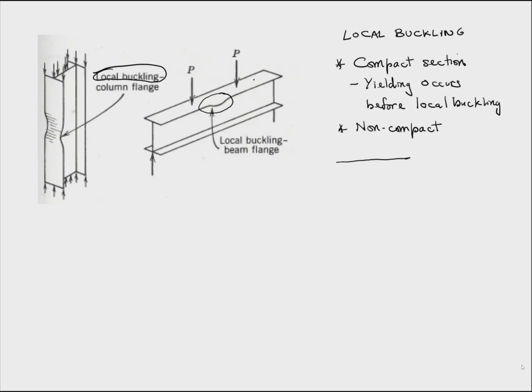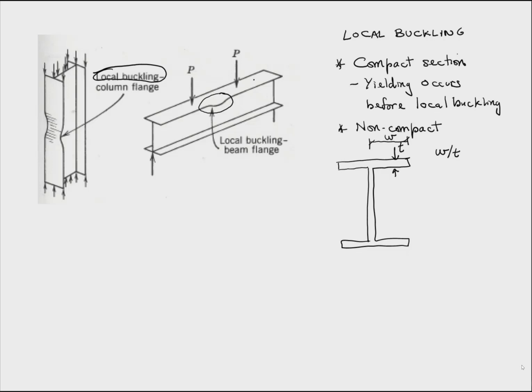The propensity of a section for local buckling depends on how thick the flange is compared to the width. The ratio of W over T determines the propensity of a flange for local buckling.